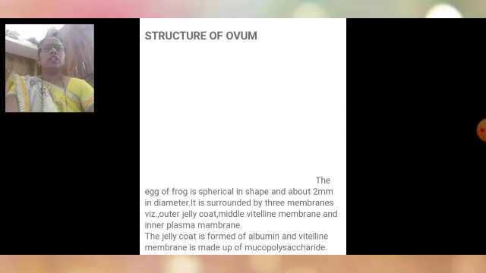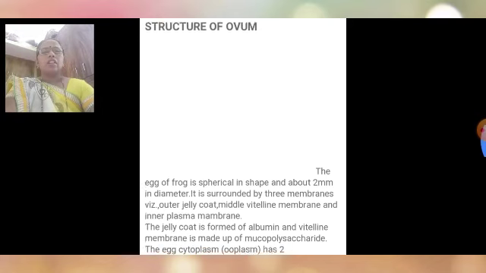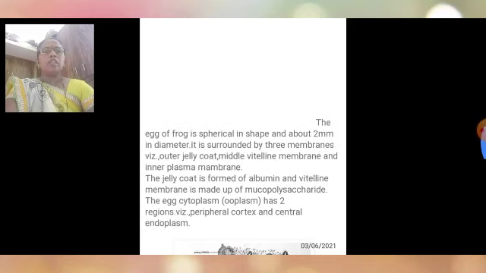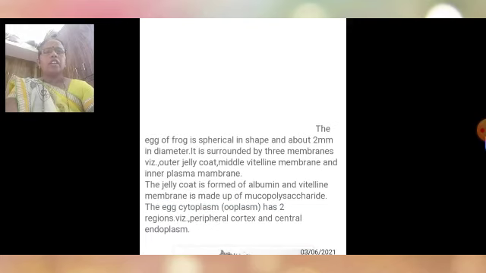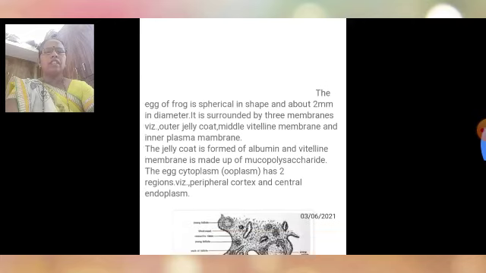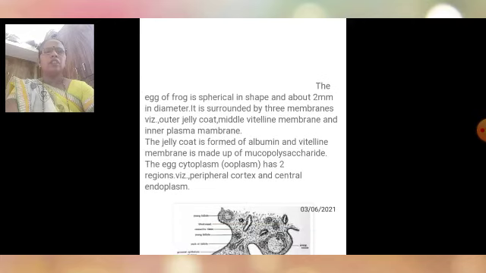Generally, in this figure, we see the structure of the ovum. The egg of the frog is spherical in shape and about 2 mm in diameter. It is surrounded by three membranes: the outer jelly coat, the middle vitelline membrane, and the inner plasma membrane.